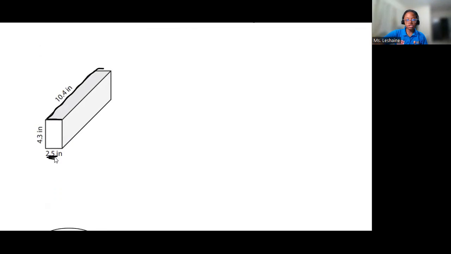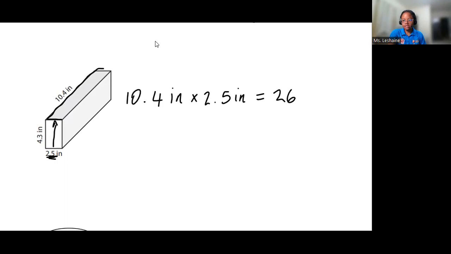So if this portion is 2.5, then this is 2.5 as well. So the area of that face at the top is 10.4 inches multiplied by 2.5 inches. That gives us 26 inches squared.